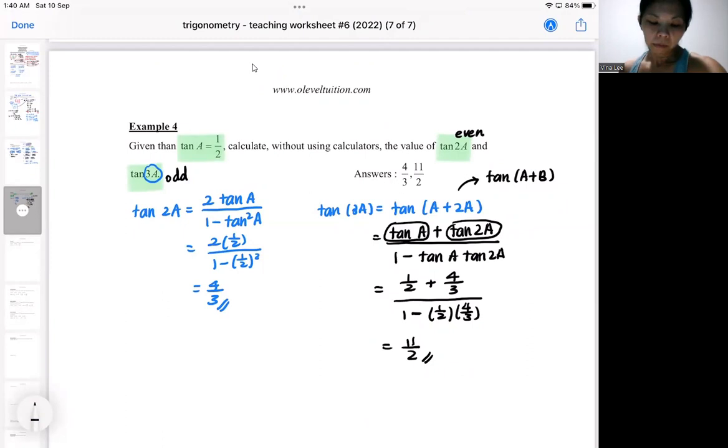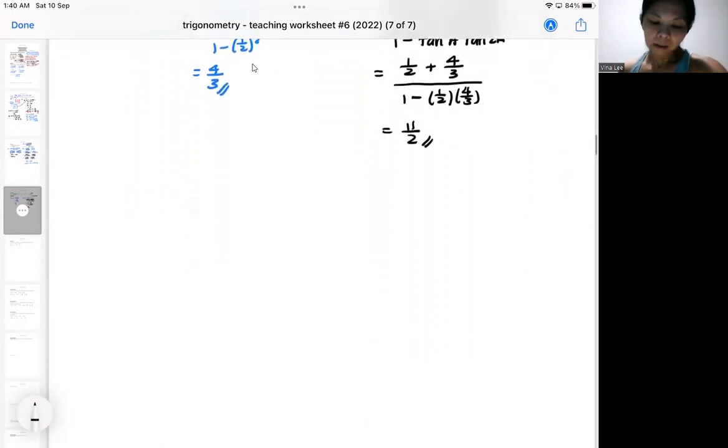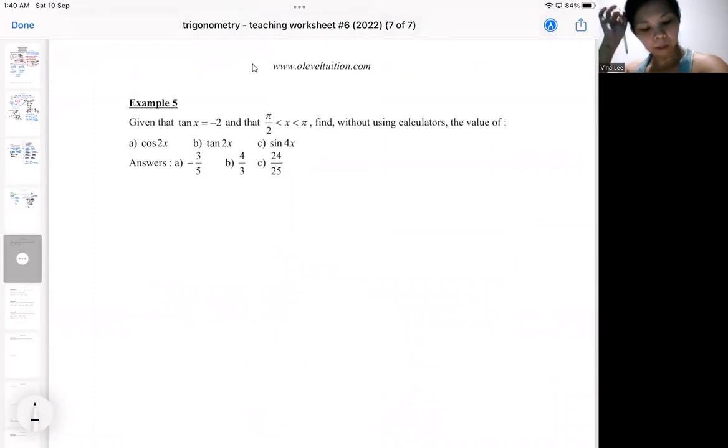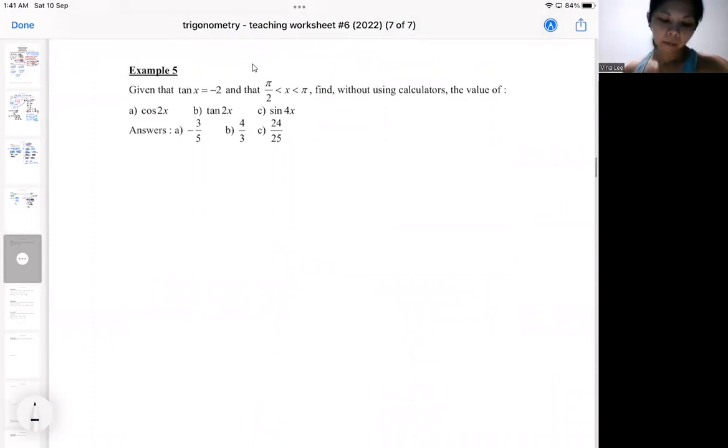So the last example is the one that you can be trying. I will be emphasizing on sine 4x. So I'm going to let you try these two. I will be emphasizing on the last one.